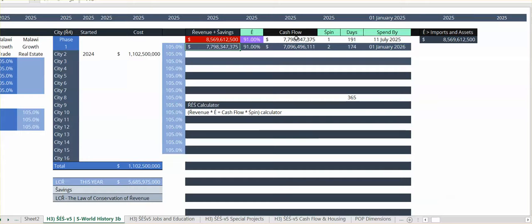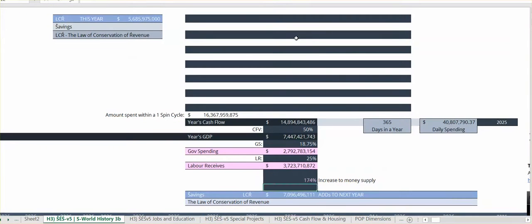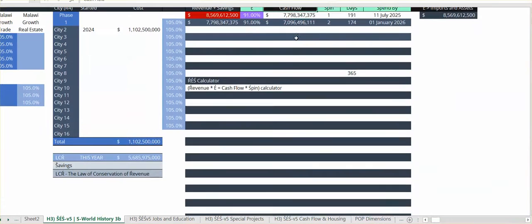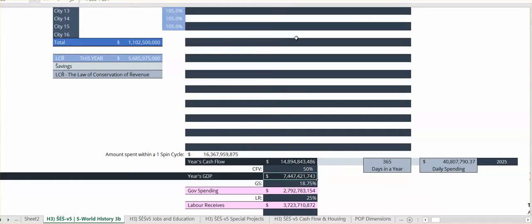This time spending the 7.7 times 91% E equals 7.096. This then turns into savings for the next year, but we double up on the cash flow spent in 2025, now 14.